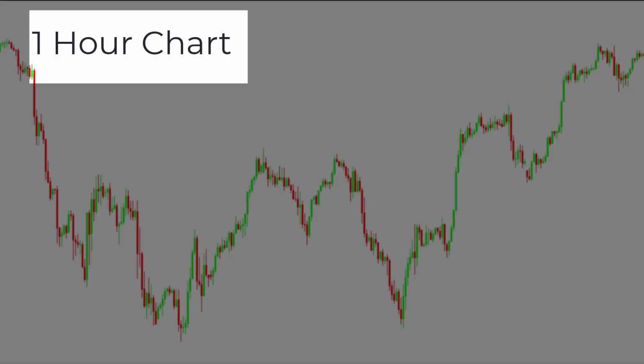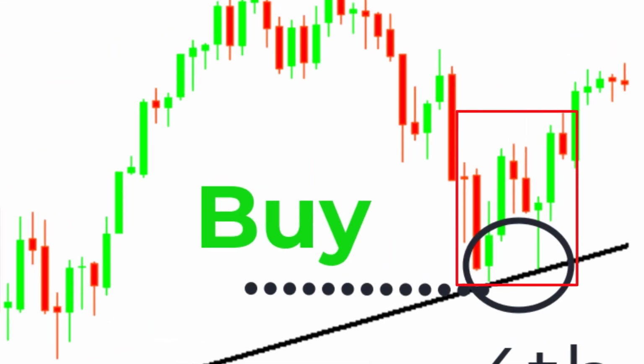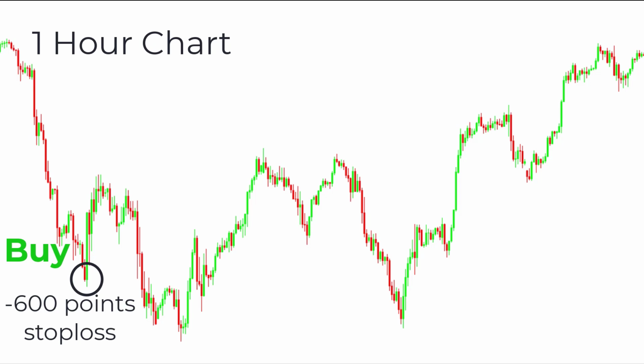Here is the 1 hour chart, and this area here represents this area here on the daily chart. And according to the daily chart, we should buy from the touch of the trend line, which translates into buying from here on the 1 hour chart and placing a 600 point stop loss.